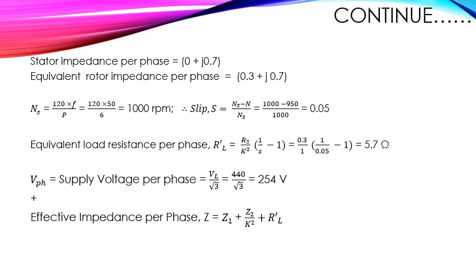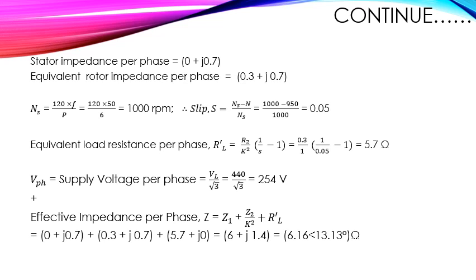Then effective impedance per phase, that is Z equals Z1 plus Z2 dash plus RL dash. So Z1 is what? Stator impedance per phase, right? Then Z2 dash is Z2 by K square, that is 0.3 plus j0.7 ohm, and RL dash is 5.7 ohm, right? So just add the values.